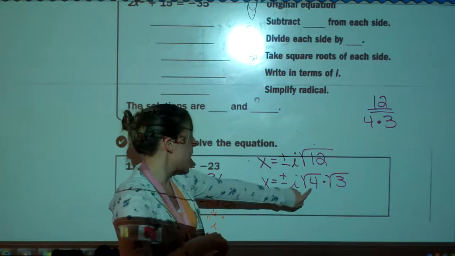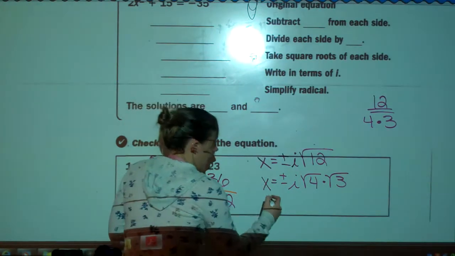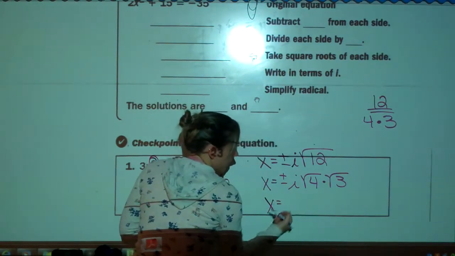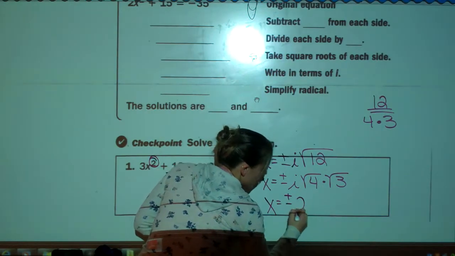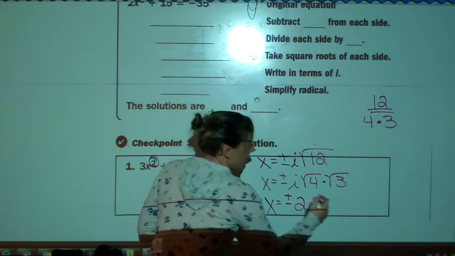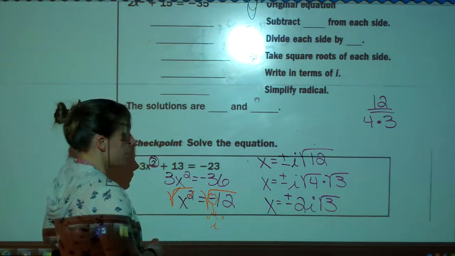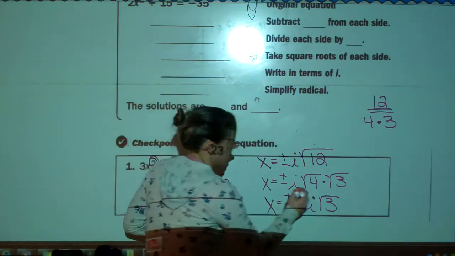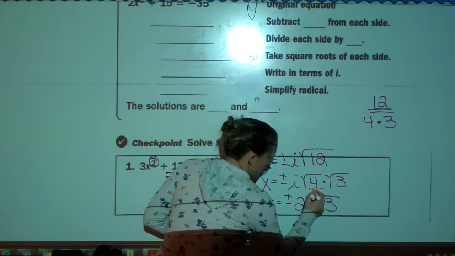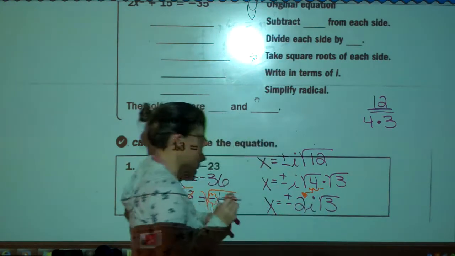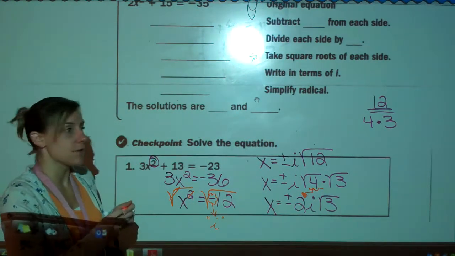So we're going to go ahead and square root that. And then we always put it in front of the i. So plus or minus 2i, and then square root of 3 is still there. So this became that. Okay? So that you can kind of see where that came from.